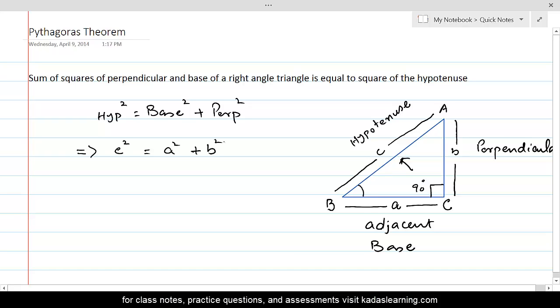And as you can see, there are three letters which appear. These three are representing sides of a right angle triangle. If we know any two sides, we can always find the third side. So this is a very helpful result.